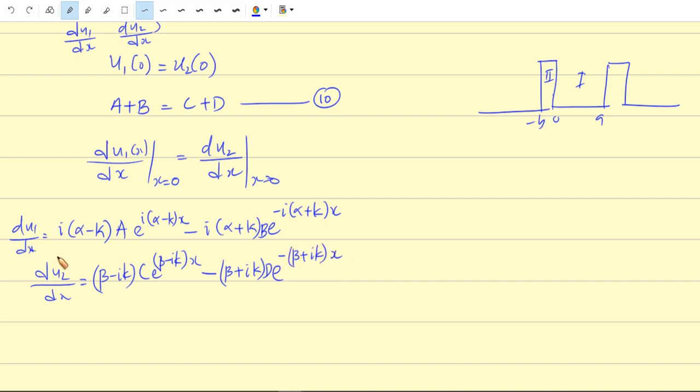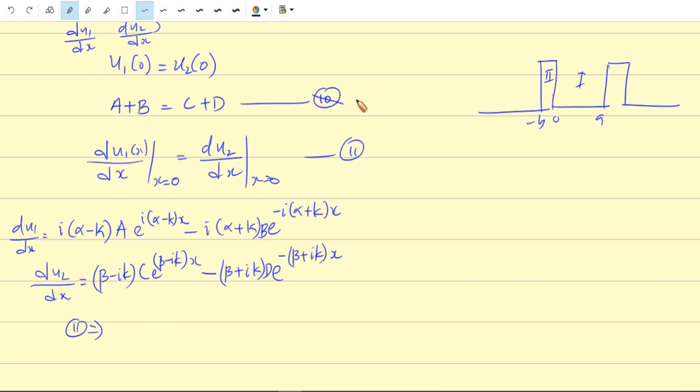So these are du1 by dx and du2 by dx. First we have to differentiate, and this should be continuous at the boundary. Applying this in equation number 11, we get another equation.